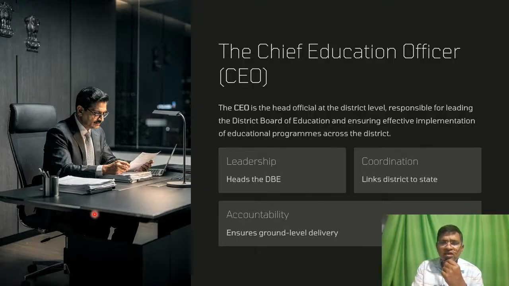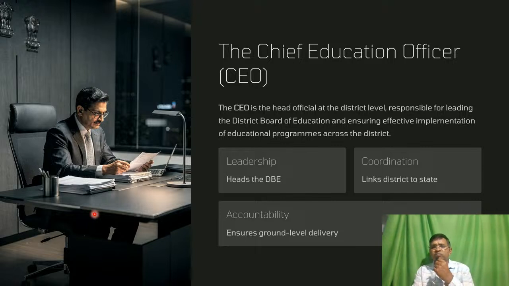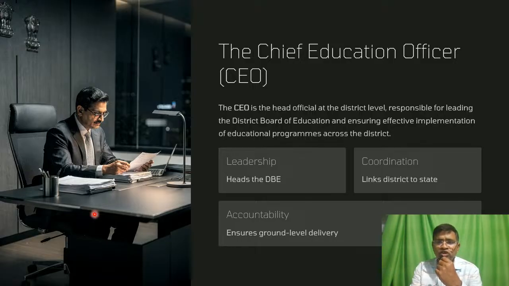He is the head of the District Board of Education. He links all the education to the state, and his accountability is that all the national and state level policies are implemented at the ground level, the district level, block level, or village level. So he coordinates all the education matters in the district. That post is called the Chief Education Officer.